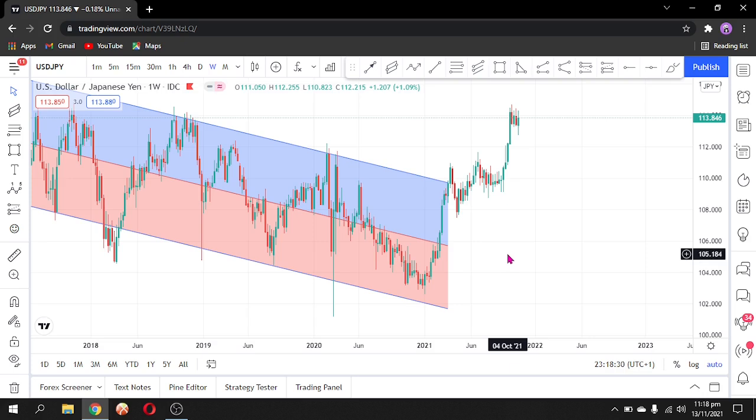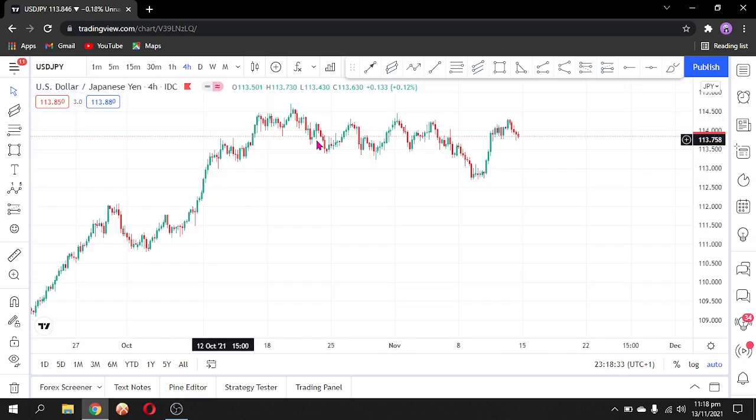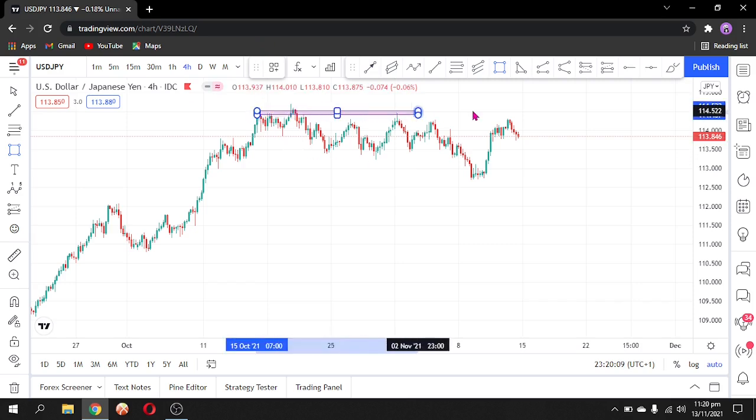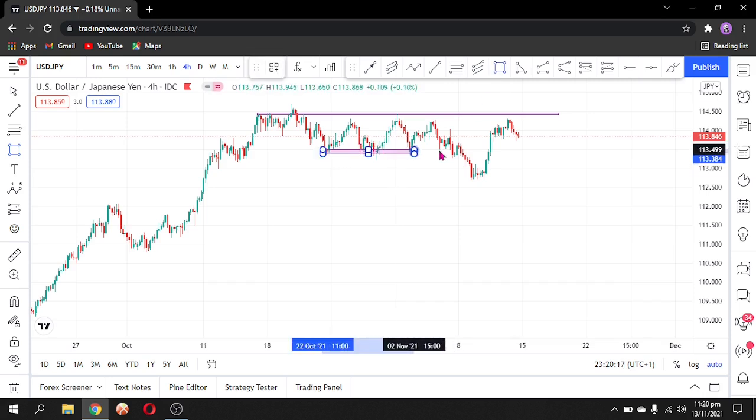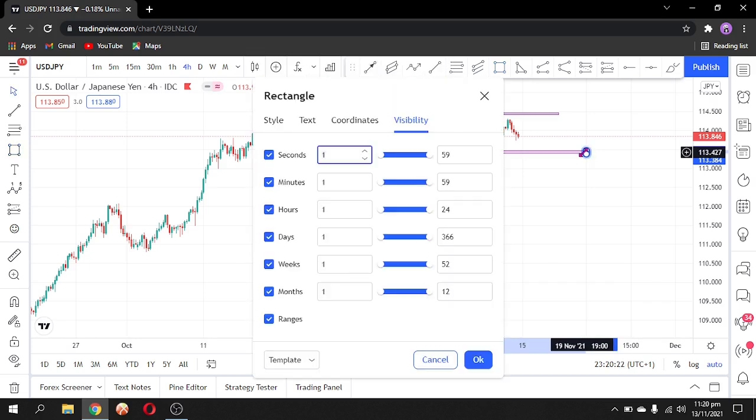If we scale back to the 4-hour time frame to get a clear view of the chart, we will see that we have a resistance zone here, and then a support zone that was earlier broken but price went back up.